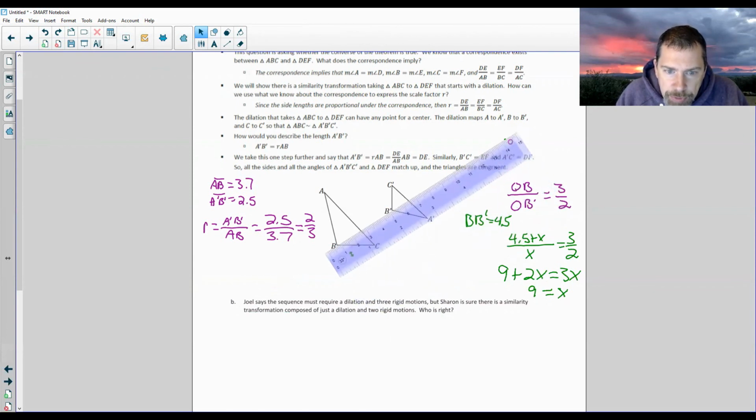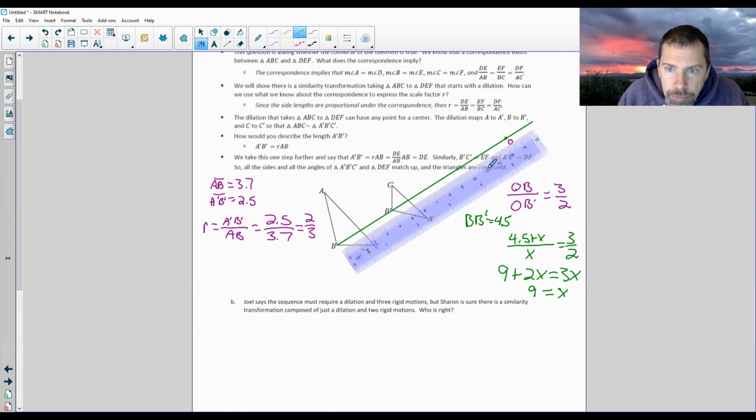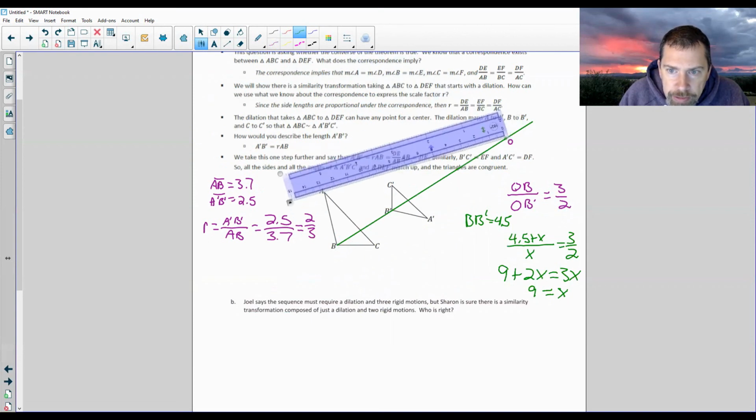So then if I put my ruler on B prime going to O, like so, then I put my ruler on O, rotate it around to A. No, it doesn't.